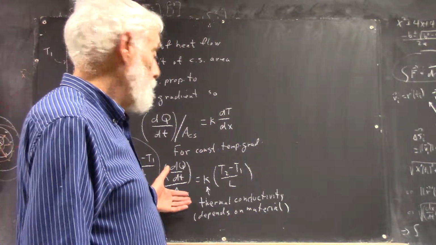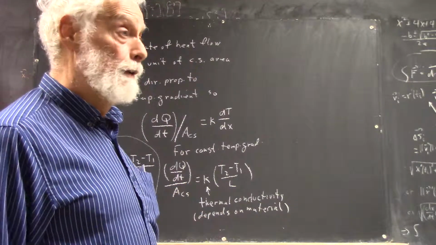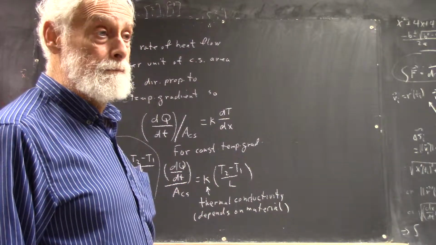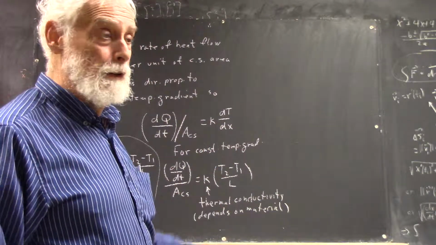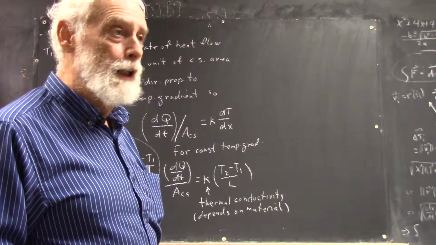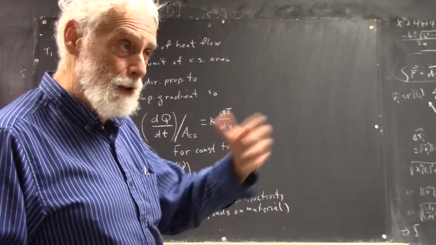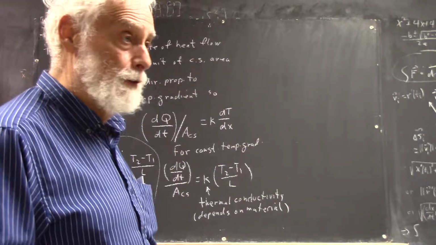And you can go to a table of thermal conductivity and find out what the conductivity of your material is. If it's steel, if it's concrete, if it's still air, as opposed to moving air, which involves convection and so forth.